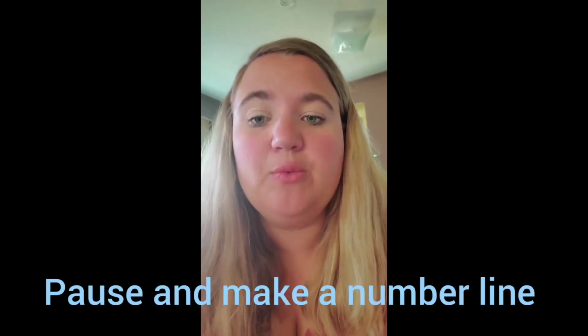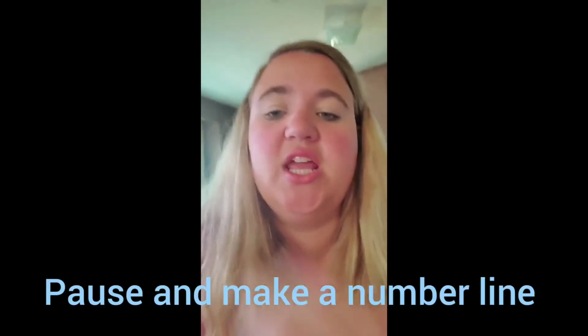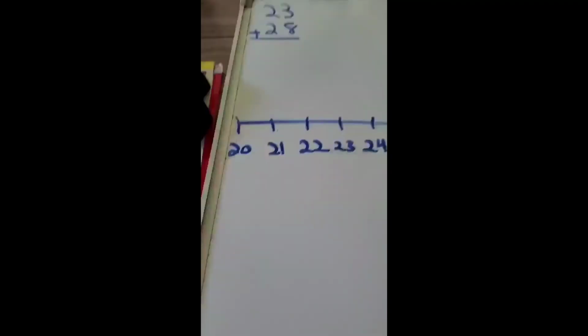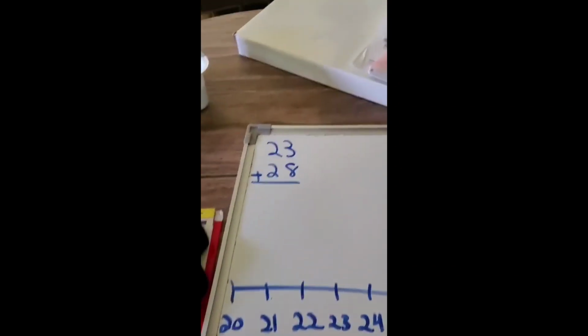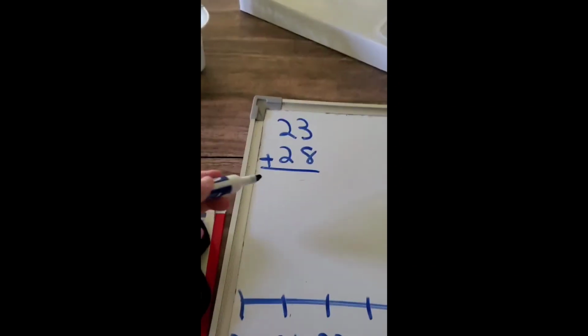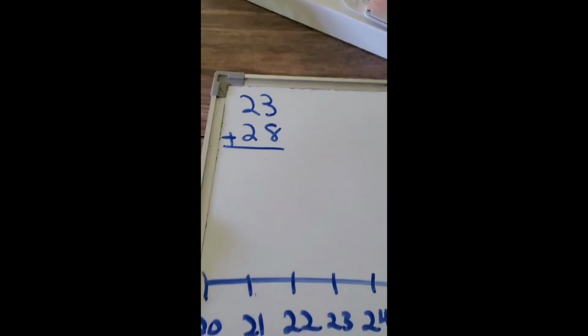Okay, so now I want you to get out a number line right now, and I want you to write between 20 and 30. So pause the video right now, write 20 to 30 on a number line on a piece of paper. So now that you have the number line 20 to 30 on paper, we are going to try to estimate the sum for 23 and 28.